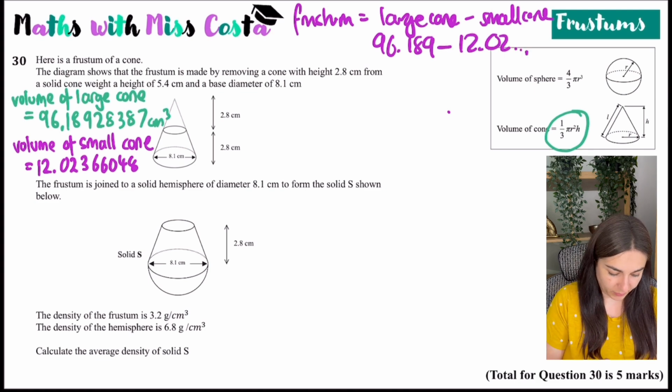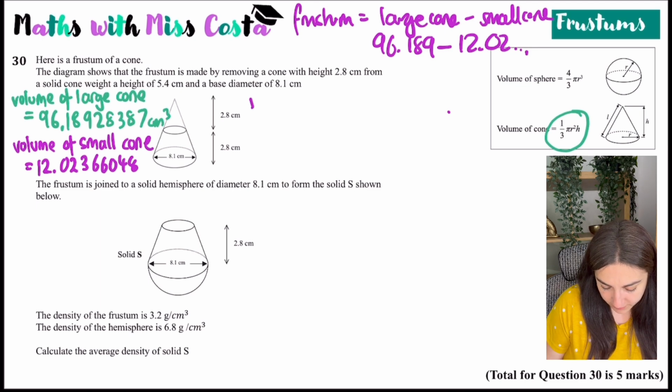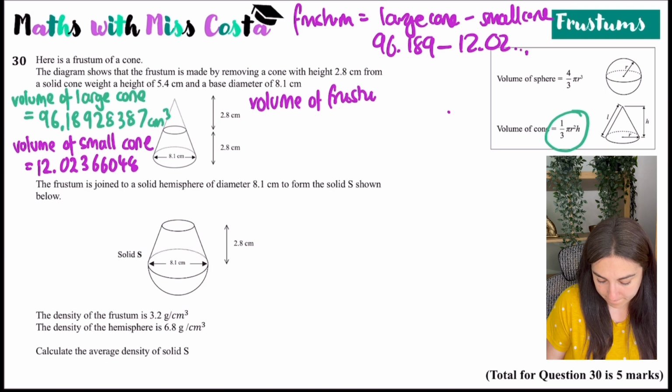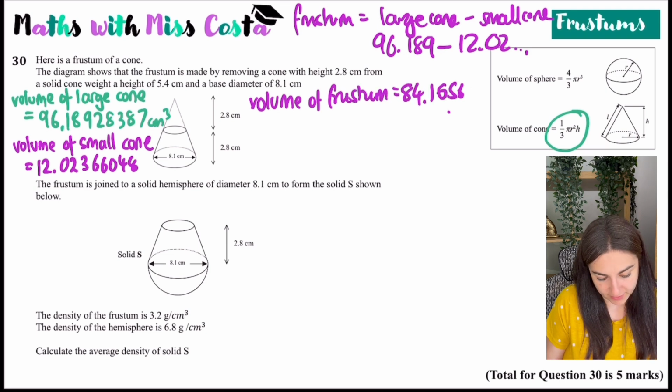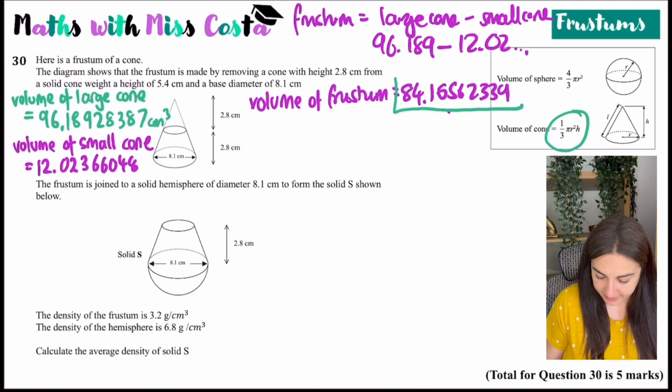So that's going to be 96.189 take 12.02. So 96.189, 28387 take away answer equals, so volume of frustum equals 84.16562339. Right, excellent.